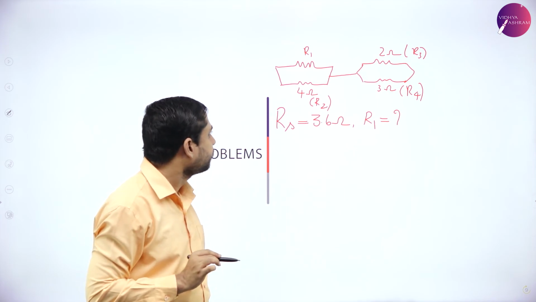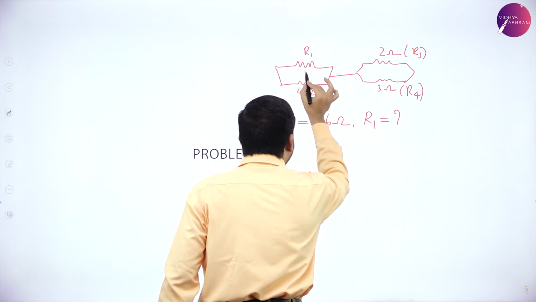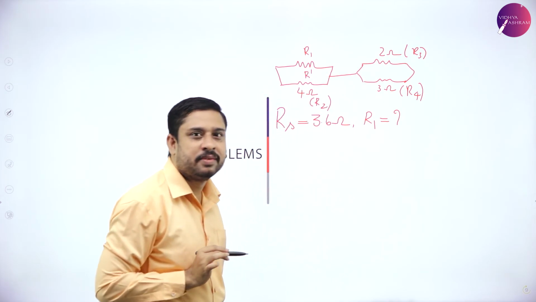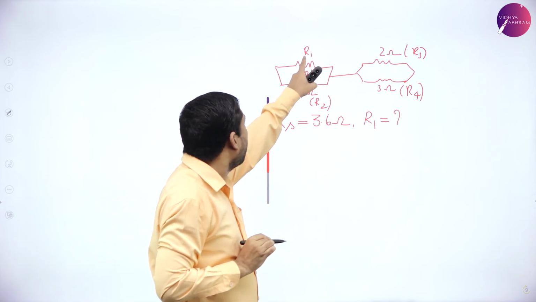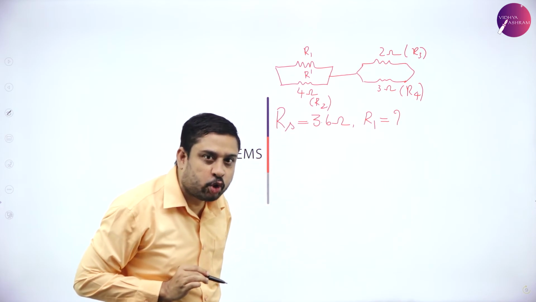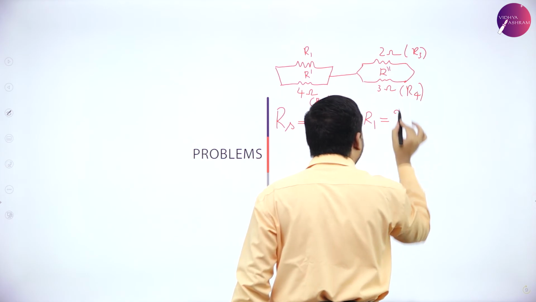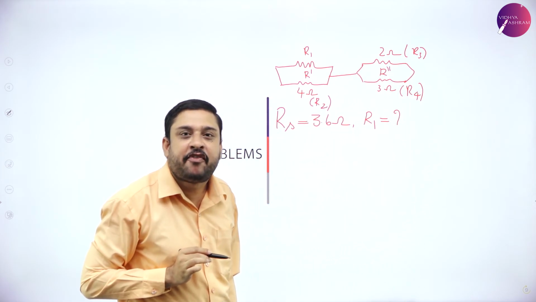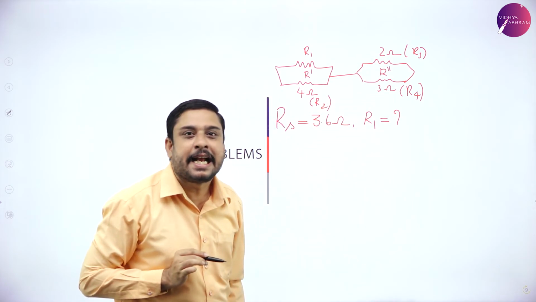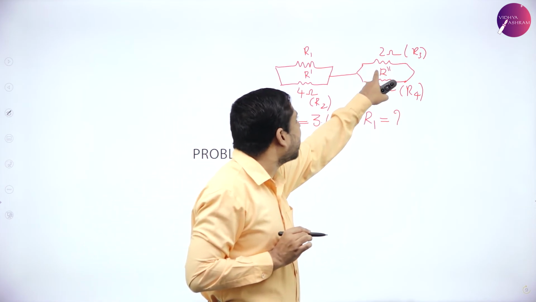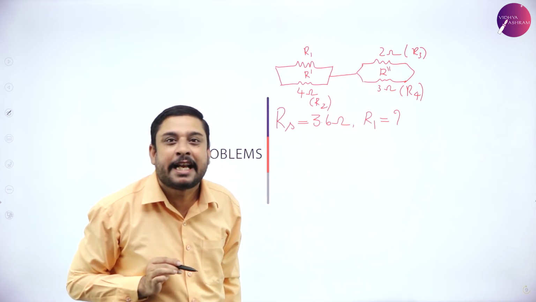Very simple. Now let us assume: let R dash be the effective resistance of R1 and R2. R double dash is the effective resistance of 2 and 3 connected in parallel. I can easily calculate R double dash because I know 2 and 3 are in parallel.